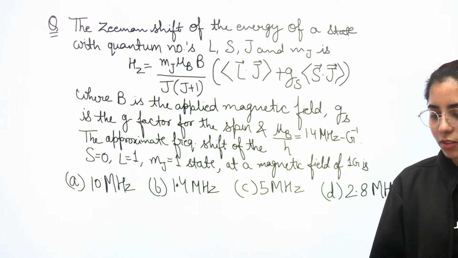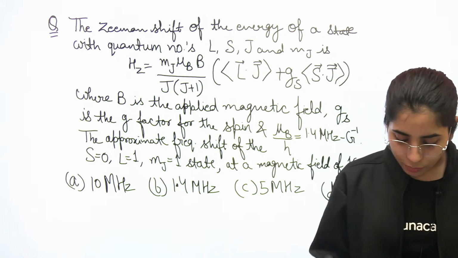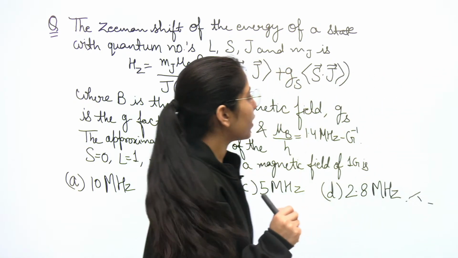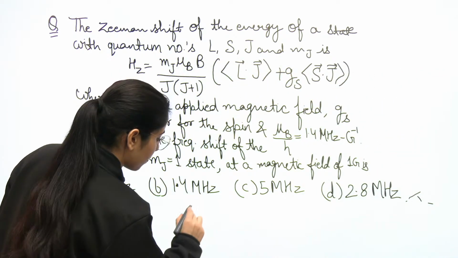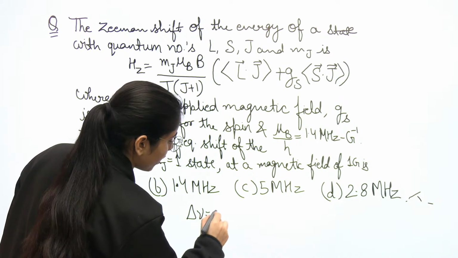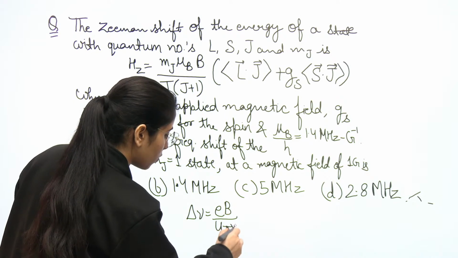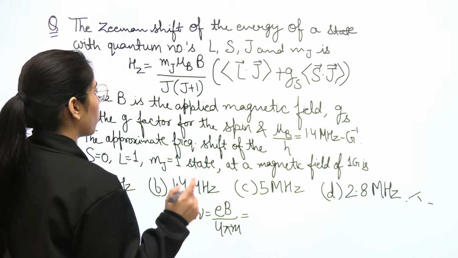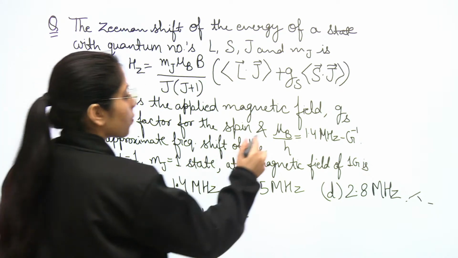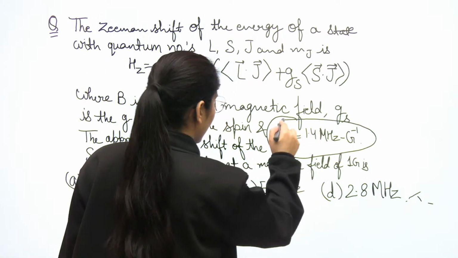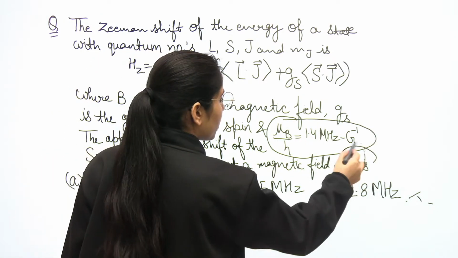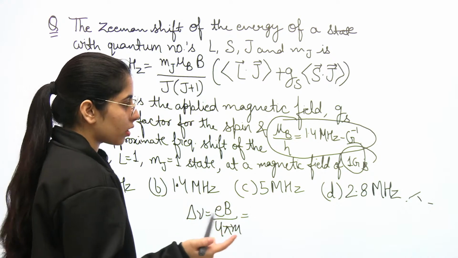That's very good, everyone. Let's talk about it once. I have already told you about the expression for the frequency shift: EB upon 4 pi m. Clear? If you want to write it in terms of Bohr magneton, you can see they have provided you the expression for mu B upon h and the magnetic field value 1 G. How can you use these values?